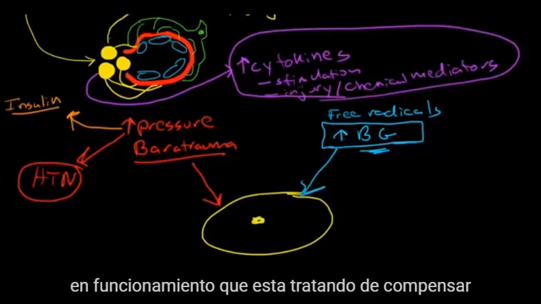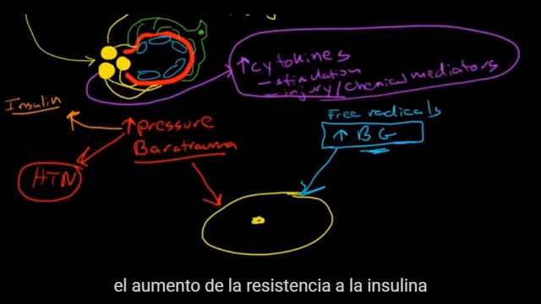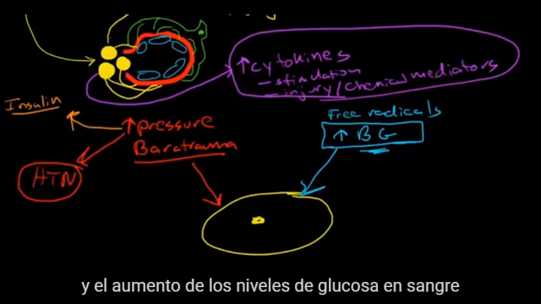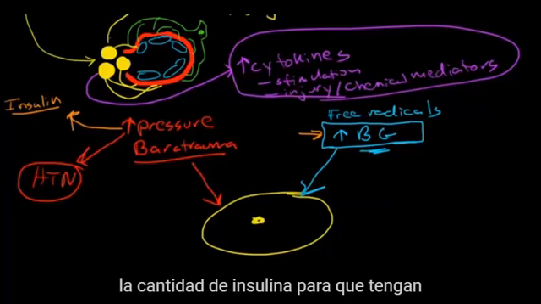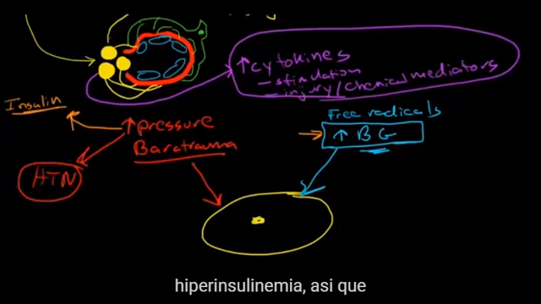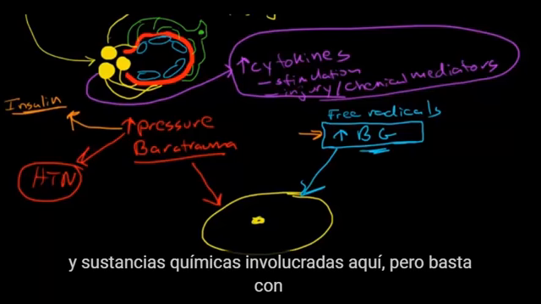They're trying to make up for the insulin resistance and the increased blood glucose levels in their body by increasing the amount of insulin. So they have hyperinsulinemia. So hyperinsulinemia is one factor. And there's a number of other hormones and chemicals involved here.